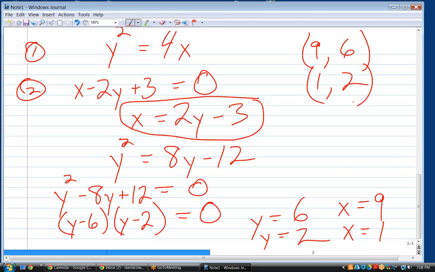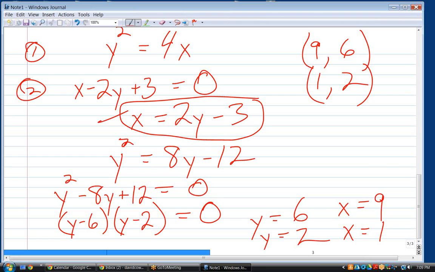In other words, with these problems, we have to give our solutions in terms of x and y. Now, let's make sure that works in both equations. It certainly works in equation 1, and it works in equation 2 because I derived it from equation 2.